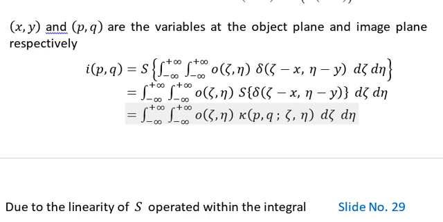So you see that if the system response to the point source is known, which is kappa in this case, then of course you can calculate the superposition of this kappa with the weighting factor, which is O at the coordinates zeta and eta, and that will give you the integral.